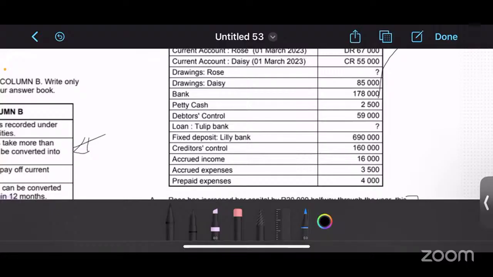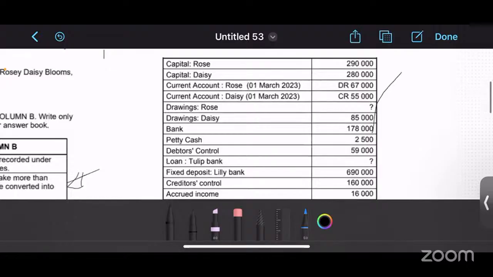I'll take the amounts for Daisy and multiply by 10%, and I will take the capital for Rose and add that 20,000, and then I multiply by 10%. Multiplied by what? By 10%. And how much do you get?